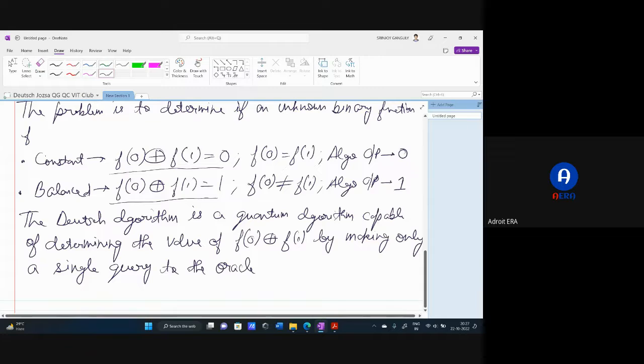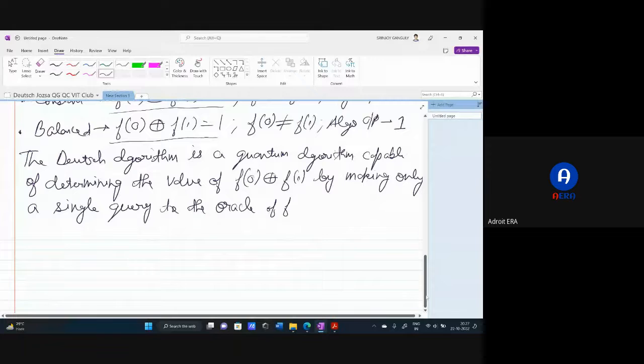Okay, what does single query mean? That means only one time. That means the algorithm needs to be applied only once, and you will be able to immediately find out whether it is a constant or a balanced function. But in the case of classical, there will be two evaluations. Okay, how classically? So let me write it. Classically, two queries are necessary.